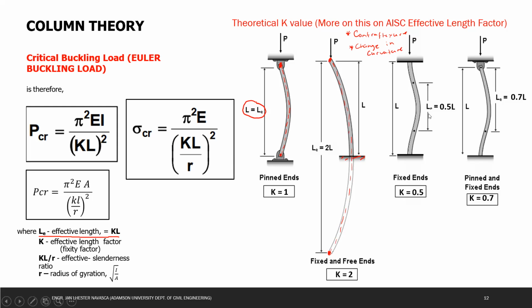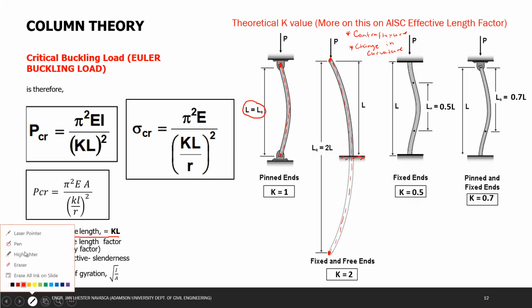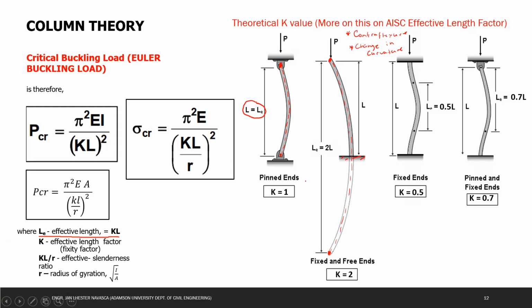What if you have fixed-ended support conditions? The point of contraflexure, or the point of changing curvature, is at this location. At the fixed end the curve does not start curving yet; the curve only starts from here, and at the other end it also only starts from there.